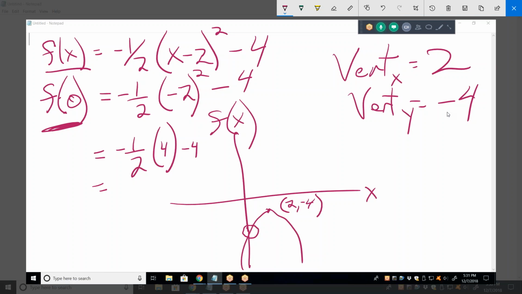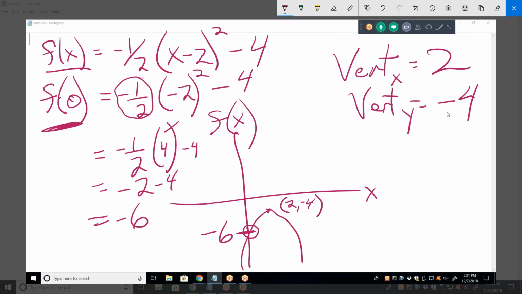That negative sign didn't get squared. The only thing that was being squared was the -2. We did that to get that 4. And we still got to multiply it by -1/2, and then we still got to subtract 4. So we end up with -2 minus 4, which is -6. So this point right here is -6. Okay?